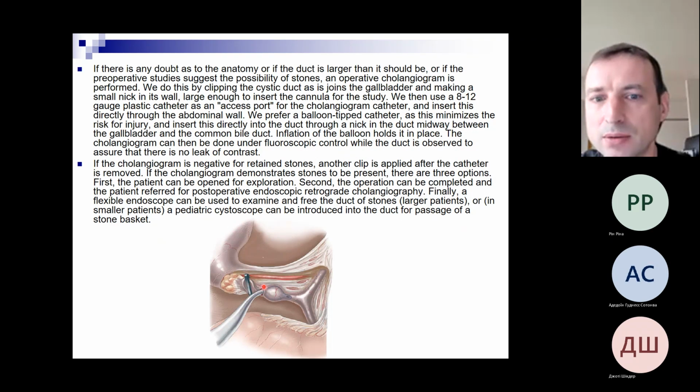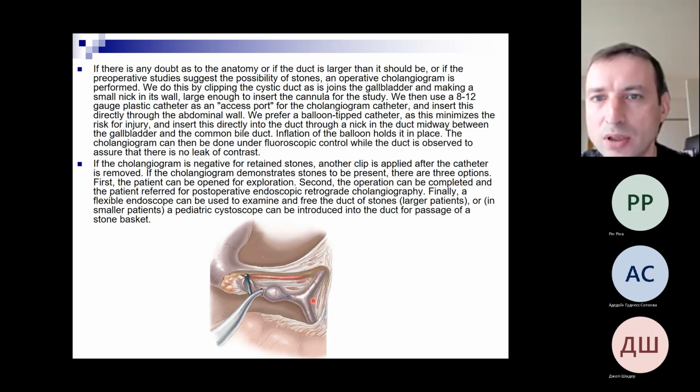the cystic duct as it joins the gallbladder and making a small nick in its wall, large enough to insert the cannula for the study. We use a 12-gauge plastic catheter as an access port for the cholangiogram catheter and insert this directly through the abdominal wall.